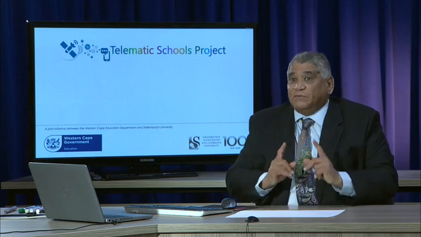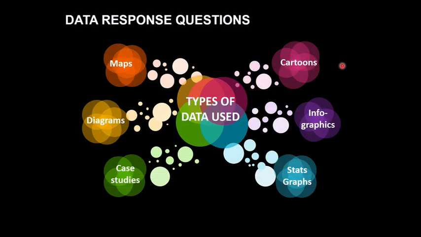of data. Now let's have a look at the different types of data that can be used in a geography question or a question paper. Firstly, of course, maps. Of course, geography means maps. Secondly, diagrams. Thirdly, case studies, statistics and graphs, infographics, and cartoons.